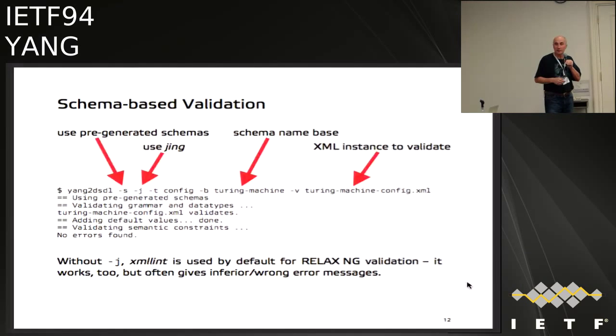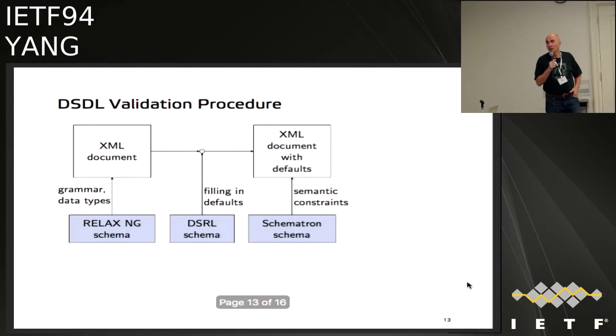If there are some errors in the instance document, you will see some error messages that may help you to locate the source of the problem. Okay, so here is a picture which explains what's really going on.